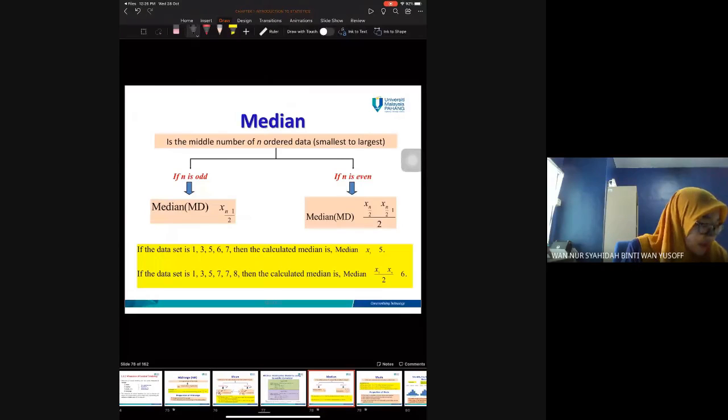Okay, so we have the median here. The symbol did not show up, so I try opening another one.